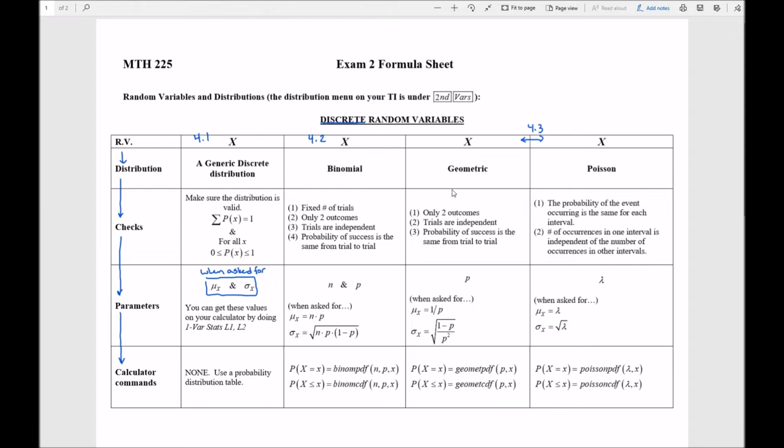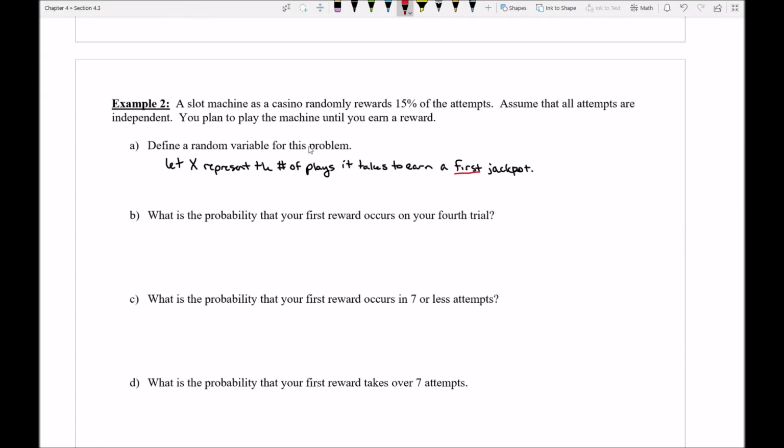And so in this scenario, we could see, do we have a fixed number of trials? Are we definitely going to sit down at this machine and only pull the lever or press the button a fixed number of times and then walk away? No. We're going to be doing something that might indicate that we have more of a gambling problem. We're going to play until we win. We don't know how long that could take.